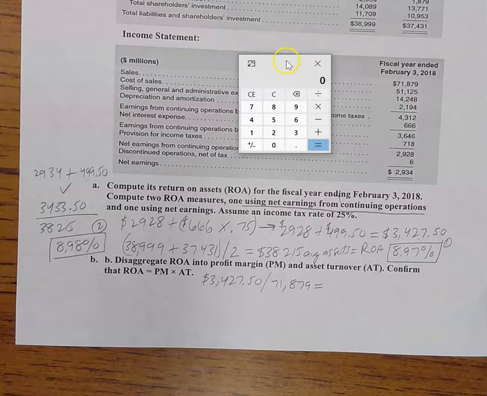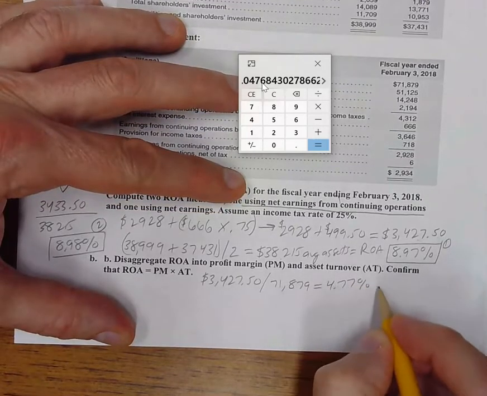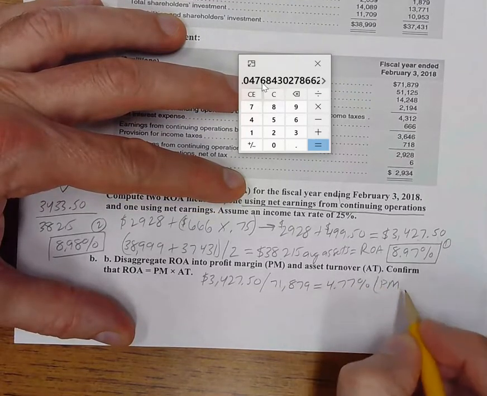So let me get the calculator over here. 3427.5 divided by 71,879. And that's going to give us 4.77%. They wanted us to round to 2 decimal places. 4.77%, and that is our profit margin.